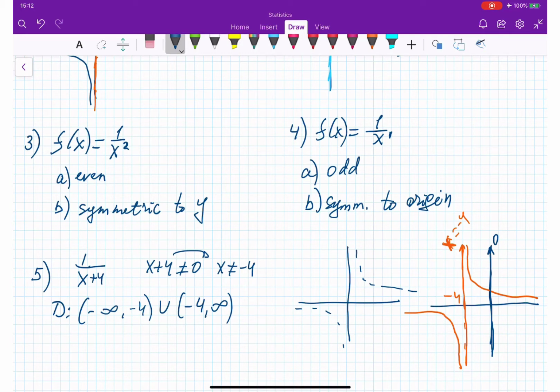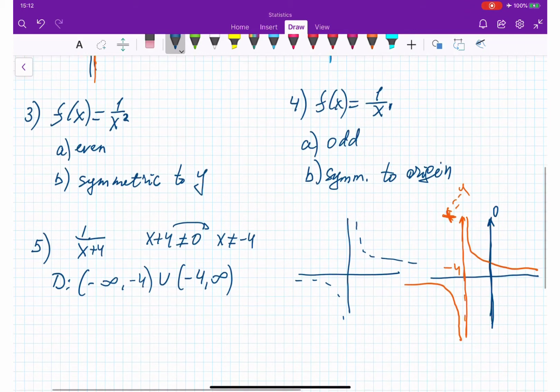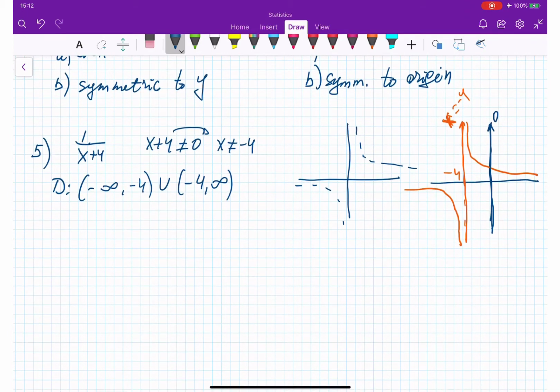Next one, question number 6. It says graph the function for the range. Now for the range, in this case it's giving you range.